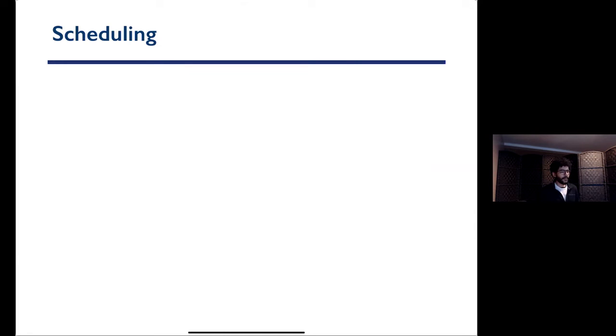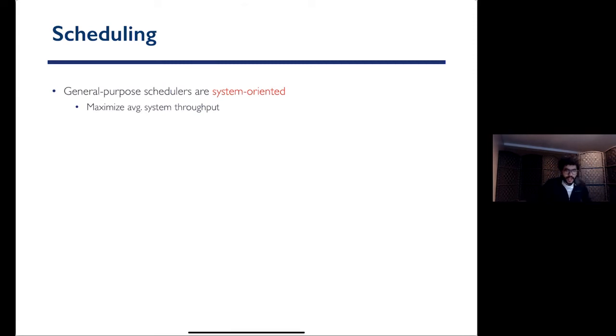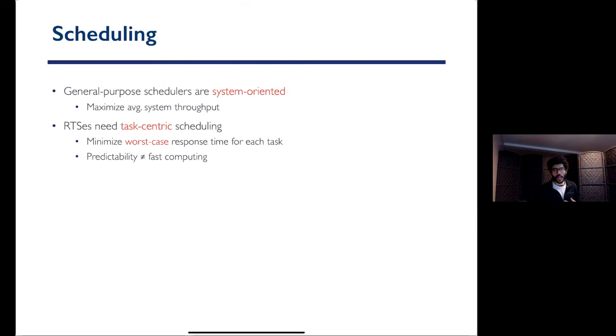Okay, so the next topic to discuss is scheduling. General purpose scheduling policies, as we discussed, usually target average performance. For example, you want to maximize average system throughput or minimize average response time.